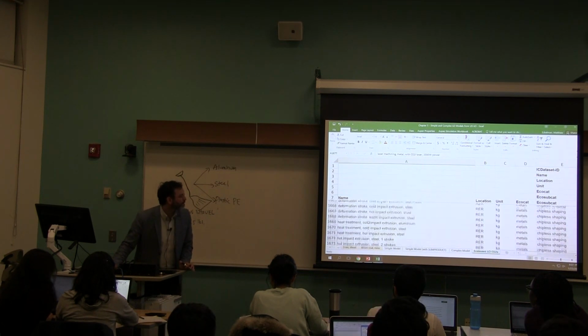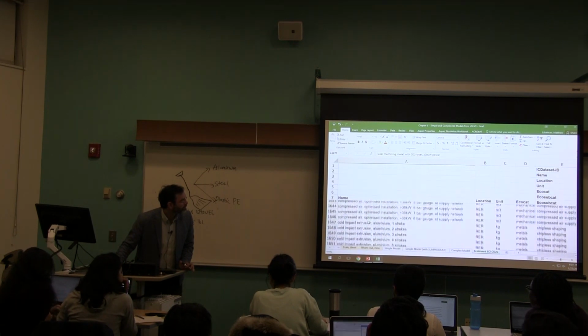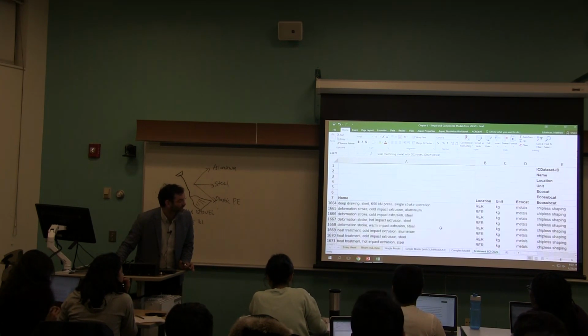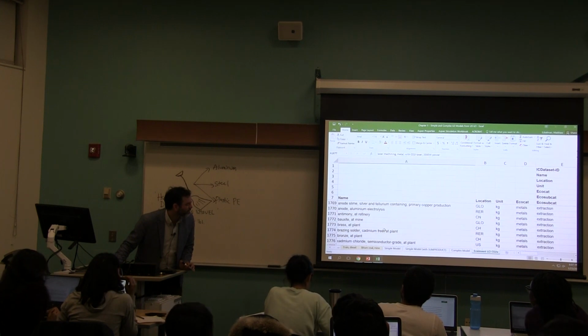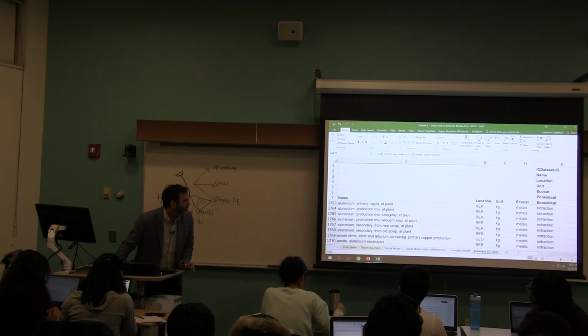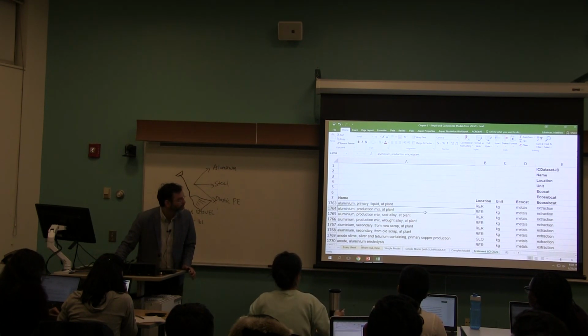Okay, here we are in metals. I have different types of processes involved in metals. Shaping the metal is actually producing or smelting the metal, but I want the extraction itself. So I'm going to go to aluminum, and let's say this is production mix, so it includes both virgin and scrap material.